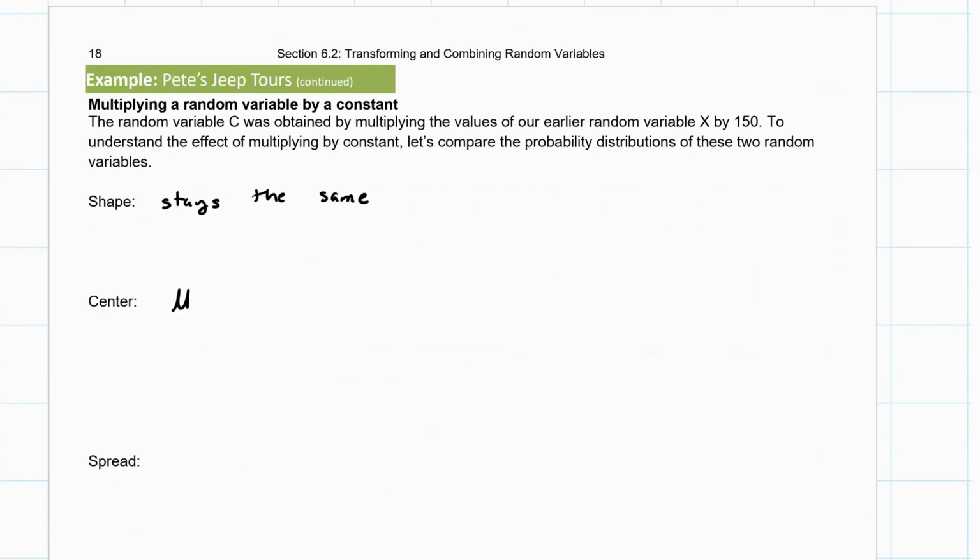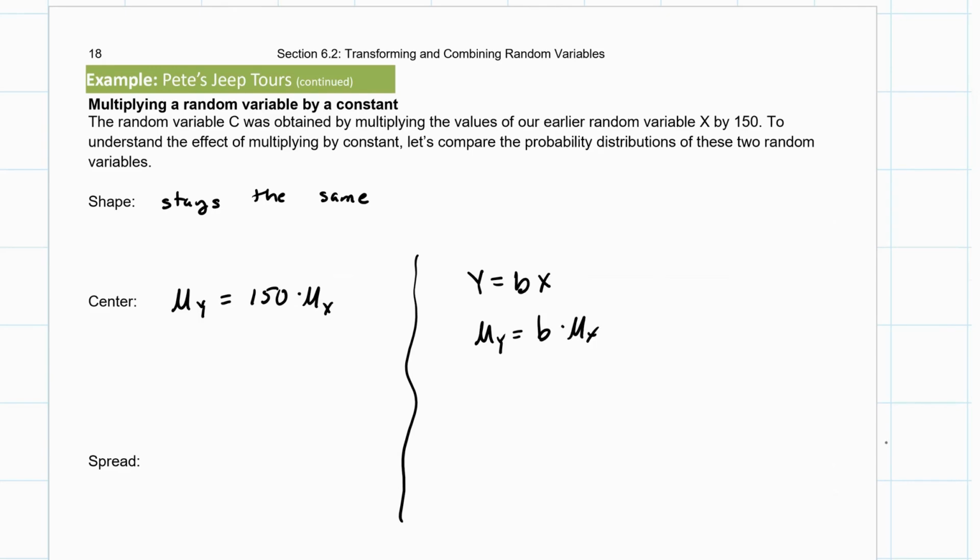We think the new center can be found by taking the old mean and multiplying it by the multiplier. Now, maybe more generically, we could say if our transformation is bx, then our new mean is simply b times the old mean. And what about the spread? It looks like the spread was 150 times the old standard deviation.